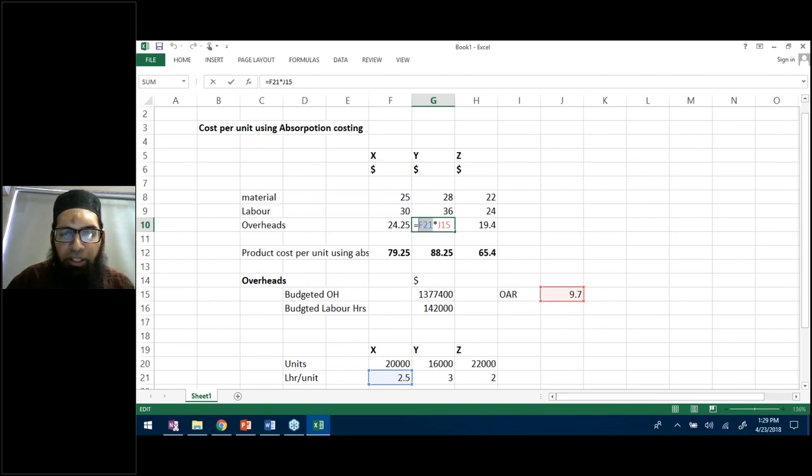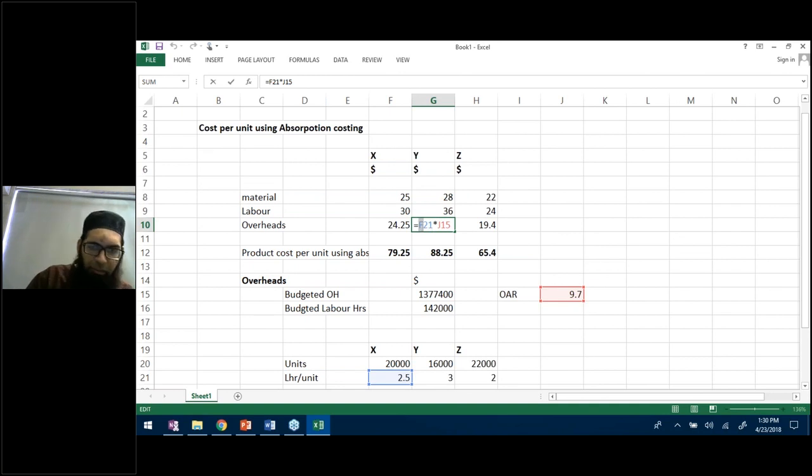One of the students has mentioned to me that I have made a mistake, and as I have opened the formula, I saw that instead of using the information of product Y, I mistakenly used the information of product X. So I will simply rectify my error and all my calculation will be recalculated automatically. The error over here is that I have multiplied it with the cell F21, and F21 represents labor hour per unit of X. But for this, I have to use the labor hour per unit of Y, not the X, and it is in G21.